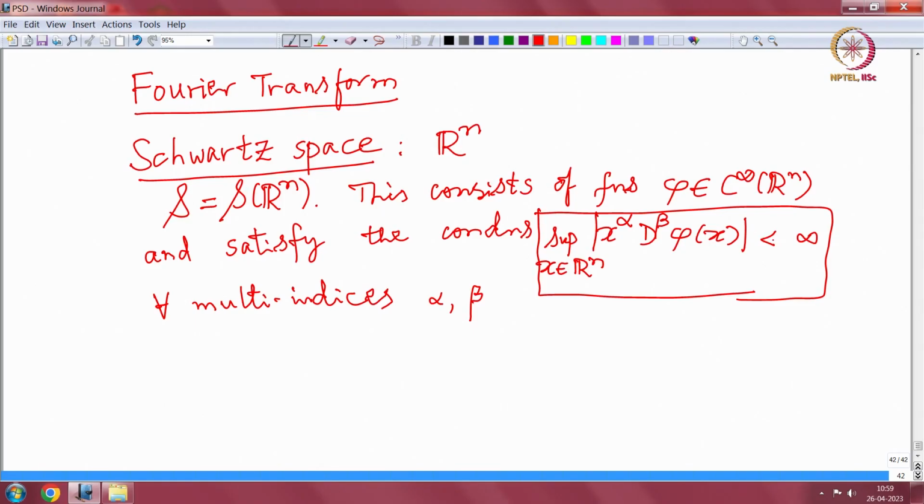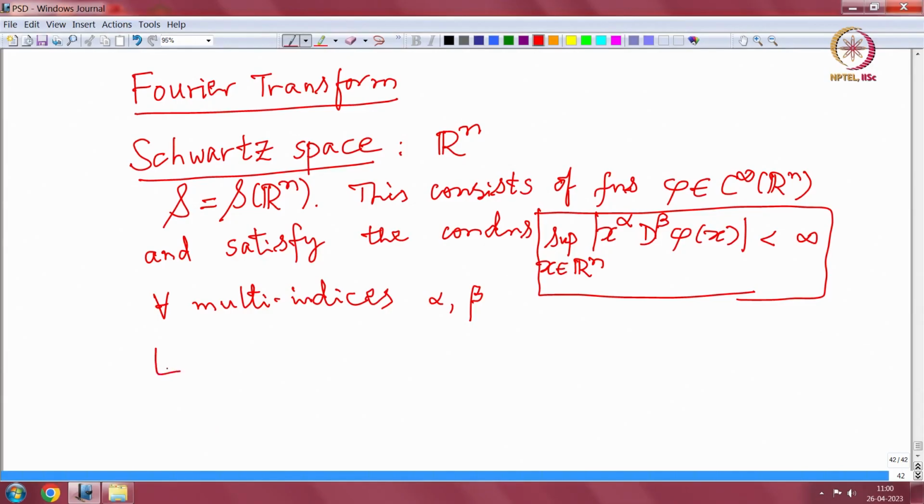That should be finite for all multi indices alpha, beta. Okay, so since at first look this condition looks very stringent, we should have some idea about the existence of such functions.